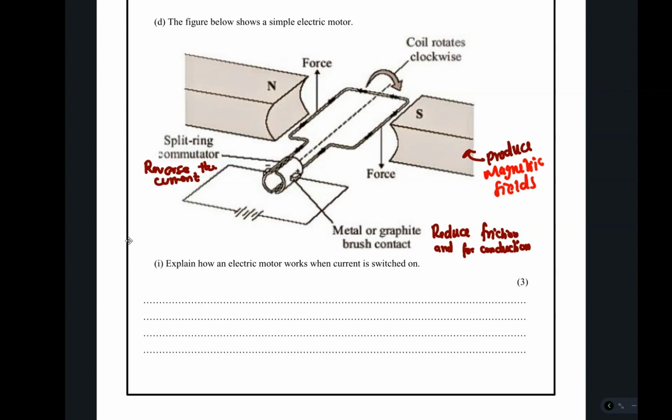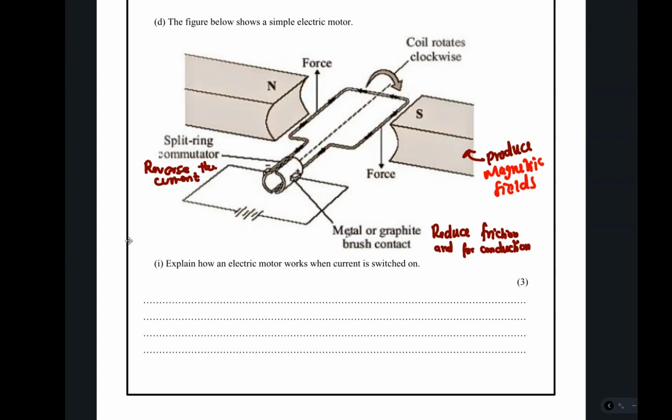fields. And we have also the flow of current in this loop, and when current flows through this loop, magnetic fields are created around that loop. Now you see, since we also have fields of the permanent magnet, the two magnetic fields, the fields due to the flow of current in the coil and the fields due to the permanent magnet, they are going to interact, and then there is a force, as we had mentioned earlier.